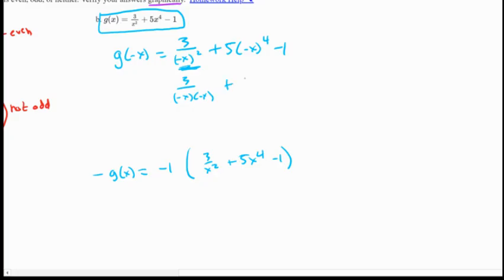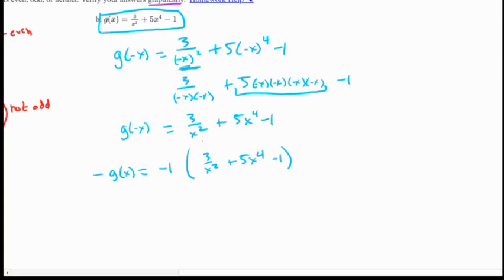Same with the next one, it's negative x to the 4th power. Since I have this even number of negatives that I'm multiplying, it ends up becoming positive. So we get positive 3 over x squared, and then plus, that also becomes even, and minus 1, g of negative x.